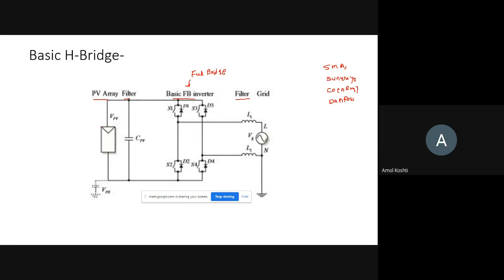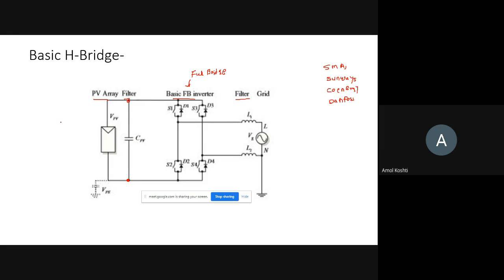Here the input is solar energy, and by using the solar energy, DC output is produced. That DC is coming here, and the unwanted part is eliminated, or this variable DC is regulated by using this CPV capacitor, and then we feed directly to the grid. So this is the simple bridge.